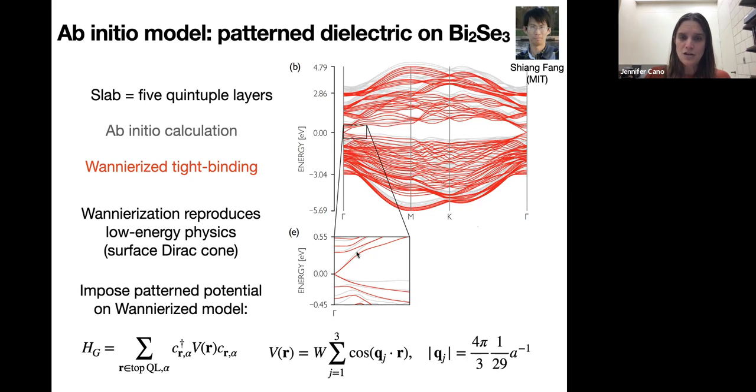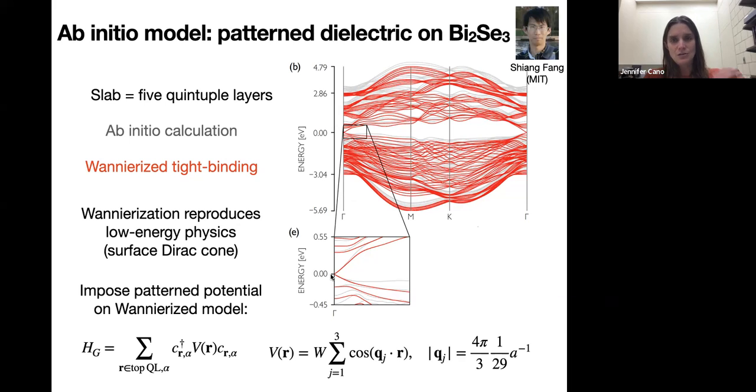This is a zoom in showing the surface Dirac cone from the ab initio calculation in gray, and the surface Dirac cone from our Wannierized tight binding model in red. And for the very low energy physics, these agree reasonably well. We need to make this Wannierization because we want to impose our superlattice potential, which is naturally in real space, not in momentum space. With this Wannierized model, we can explicitly apply a superlattice potential on the surface.